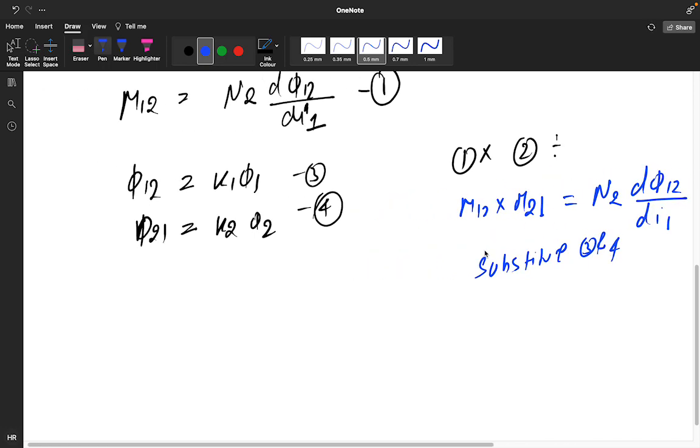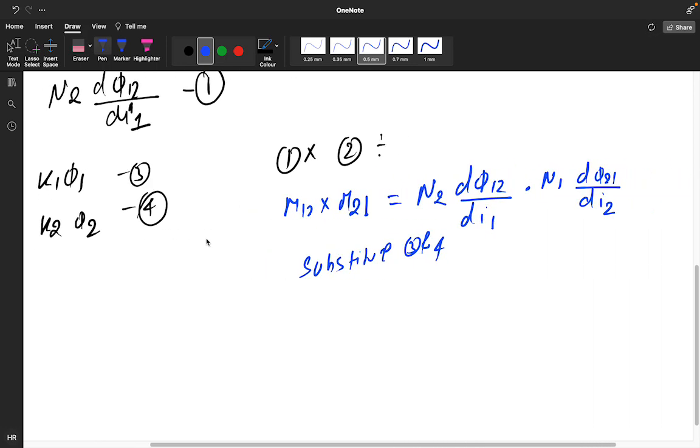So 3 and 4 was φ12 is k1 φ1 and φ21 is k2 φ2. So if you substitute, what will you get? N1 into N2 into d k1 φ1 divided by di1 into d k2 φ2 divided by di2.